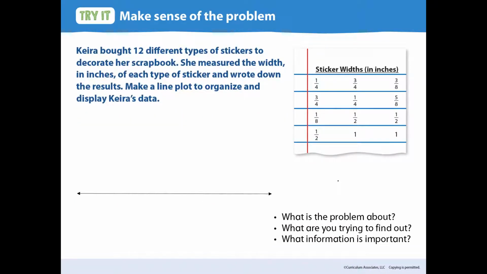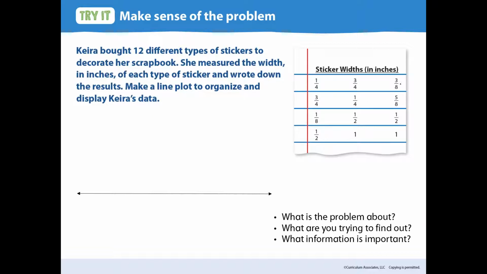Okay, on the top of page 557, this is the try it. Kira bought 12 different types of stickers to decorate her scrapbook. She measured the width in inches of each type of sticker and wrote down the results. Make a line plot to organize and display Kira's data. So I am looking at these values over here, and we have some options of what we want to divide our line plot into.